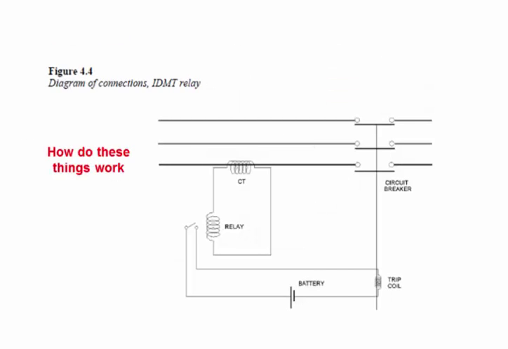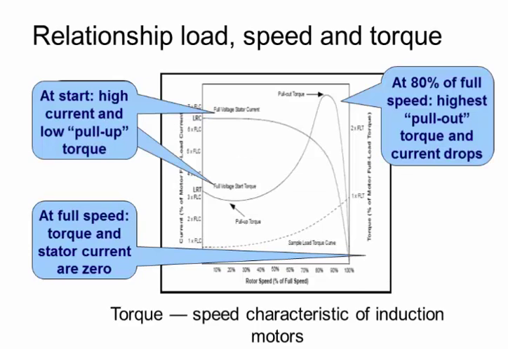The next sample is a diagram for connections of an IDMT relay. IDMT is basically an inverse definite minimum time relay. So how do these things work? You need to be familiar with it and be able to solve any issues and problems with regard to these. This is a fairly complicated electrical system for electrical engineers, and we're not going to go into detail. This is just an example of what you might be exposed to.